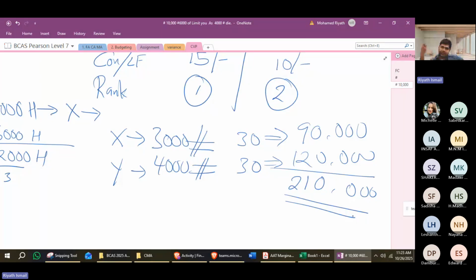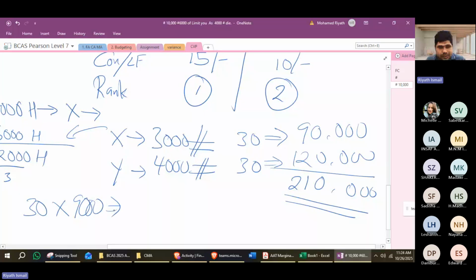If there is unlimited demand, we can use all labor hours. By using 18,000 hours, we can produce 9,000 units of X, and each X gives us 30 rupees, so we could make 270,000 profit.